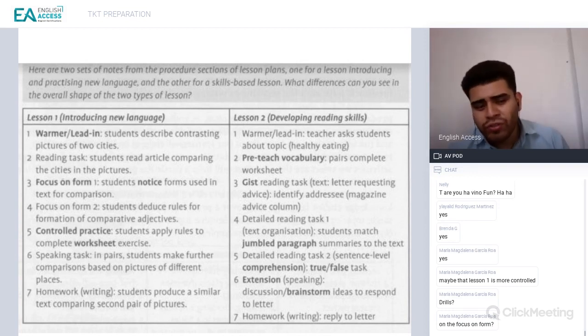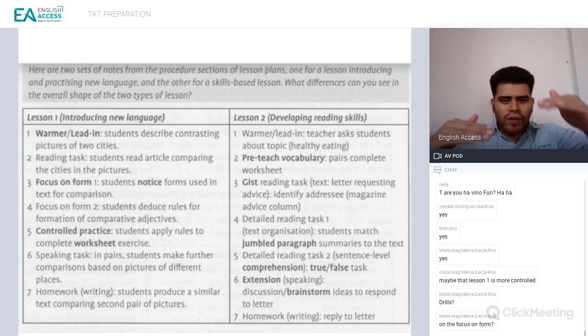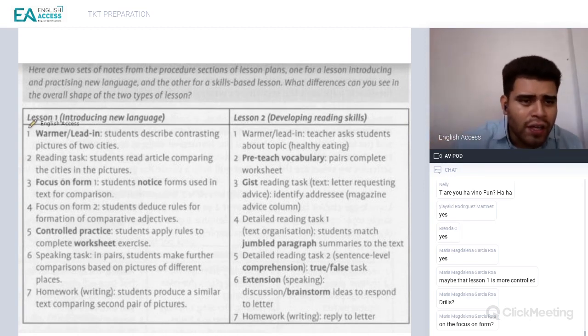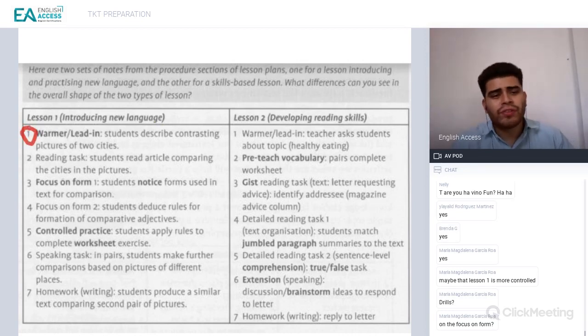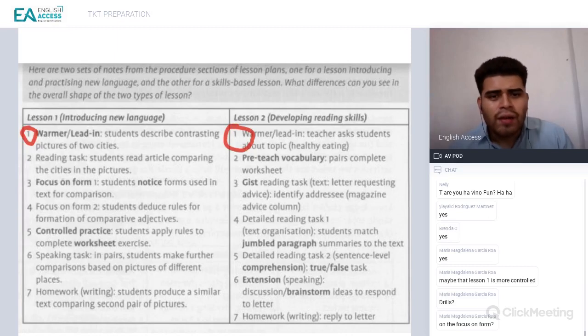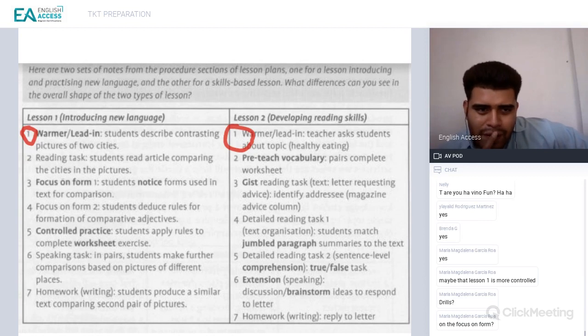Well, yes, you can use the drills on the focus on form, but what are the differences in steps? So let's take a look. Over here on introducing new language, you have a warmer and the lead-in. Same thing with developing skills. That's good. But now, if you notice, the second step is different.